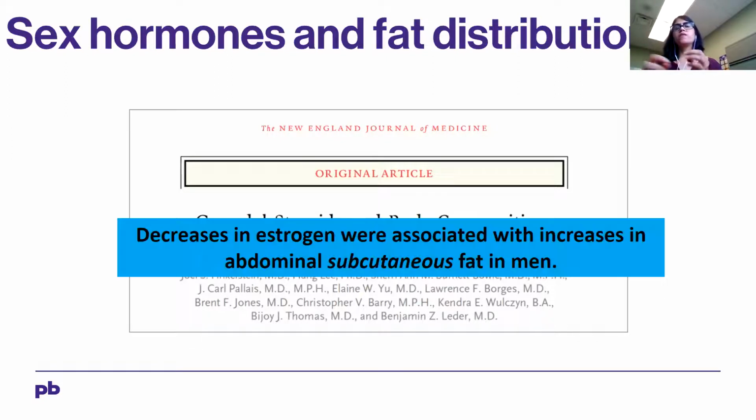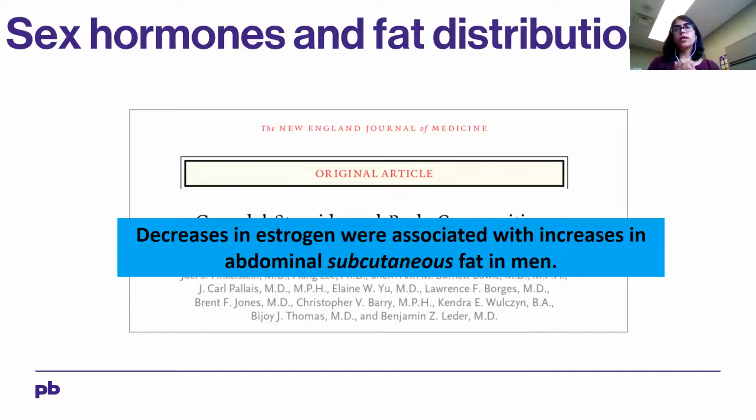The main finding of this study was that the decrease in estrogen because of the study protocol was associated with increases in abdominal subcutaneous fat. And this suggested that the estrogen might be really important.